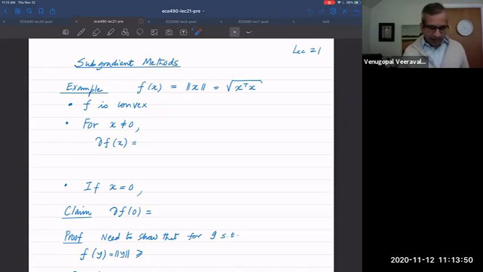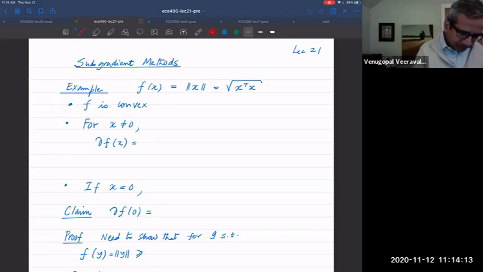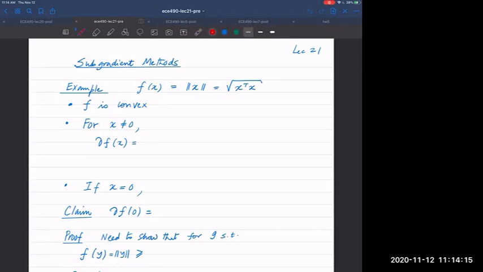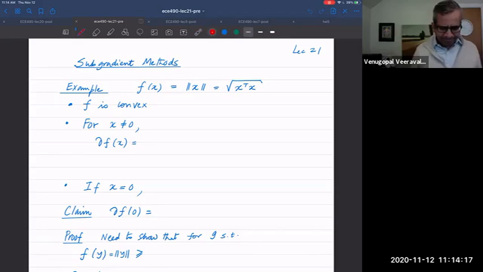All right, but let's look at this problem. This f is a convex function. We're using the Euclidean norm, square root of x transpose x. F is convex, and why is f convex? Anyone? It's a square root of the sum of convex functions. Not quite.